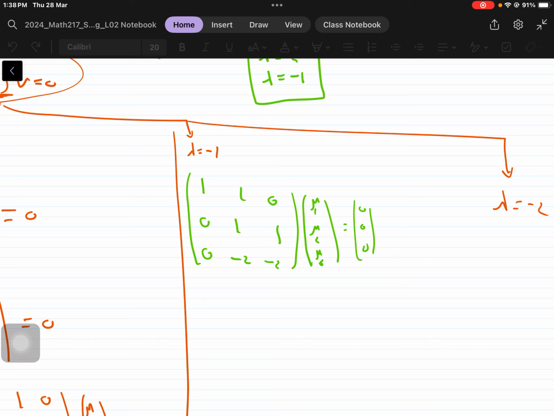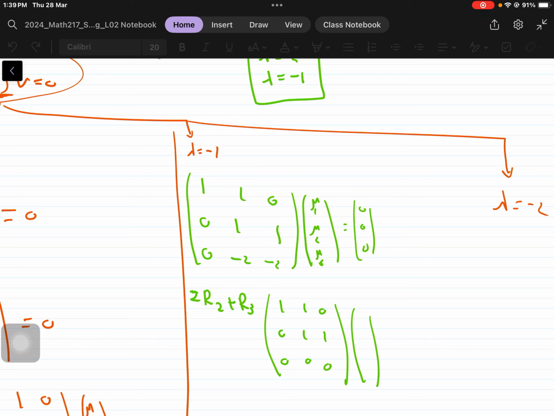Now, is there something that we can make zeros here? Yes, we can multiply the second row with 2 and add it to the third row. So, this will be 2R2 plus R3. 1, 1, 0, 0, 1, 1, 0, 0, 0.